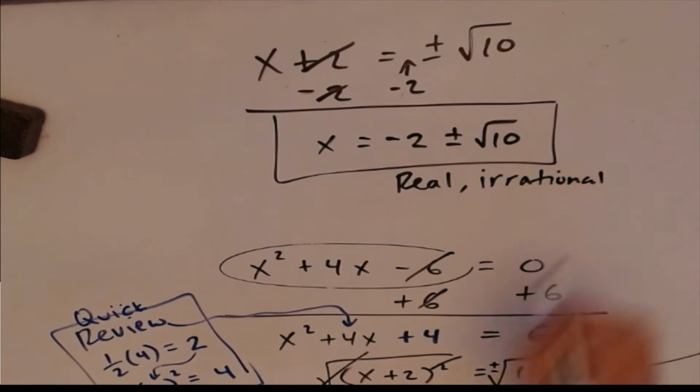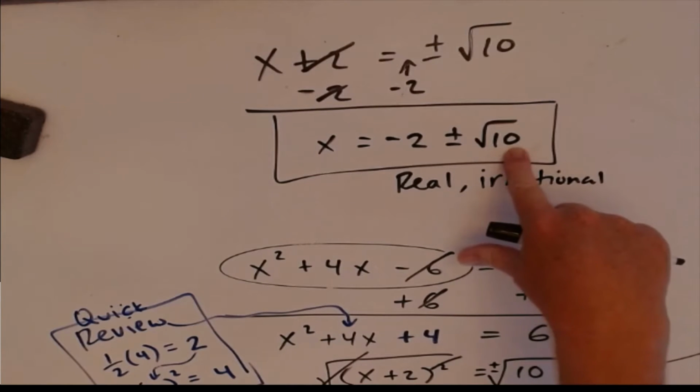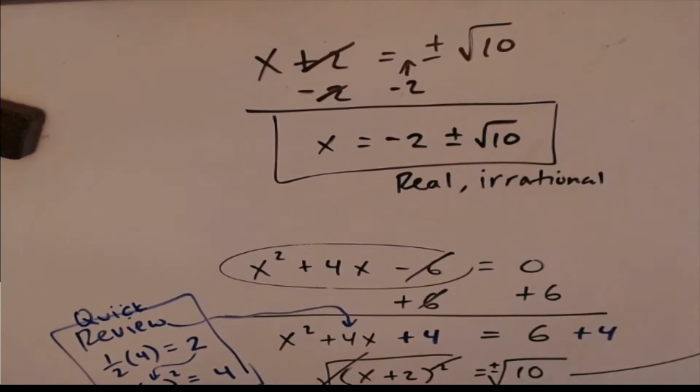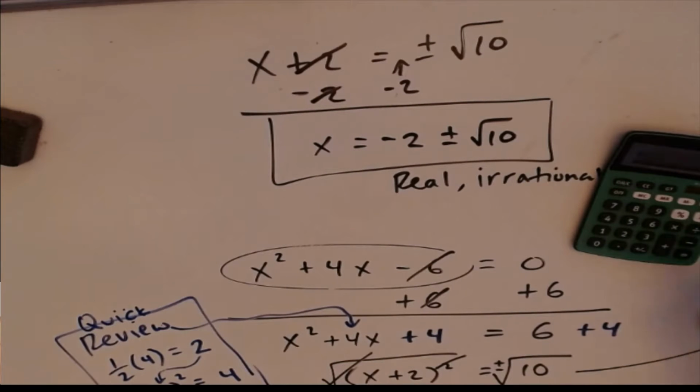So if you wanted to know what they actually are, you'd have to use a calculator. The square root of 10 is about 3 point something, a little bit more than 3. I say 3.1. If you're really curious, you can grab your calculator. Square root of 10 is 3.16.